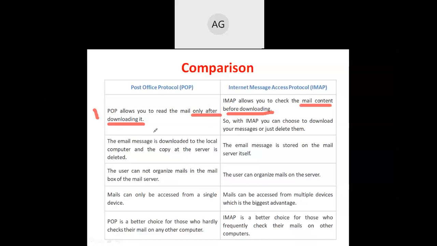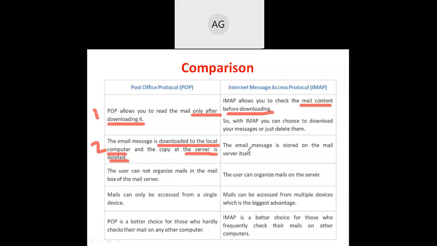This is the important difference between the POP and the IMAP protocol. The second difference is the email message is downloaded to the local computer and the copy at the server is deleted. As the email message is already downloaded to the local computer, its copy at the server can be deleted.